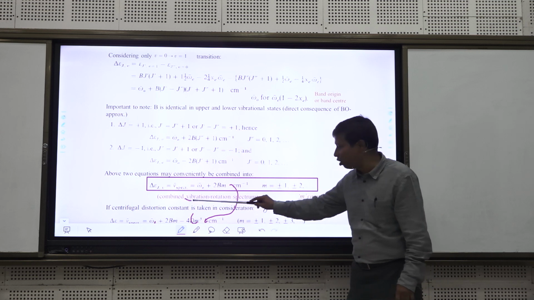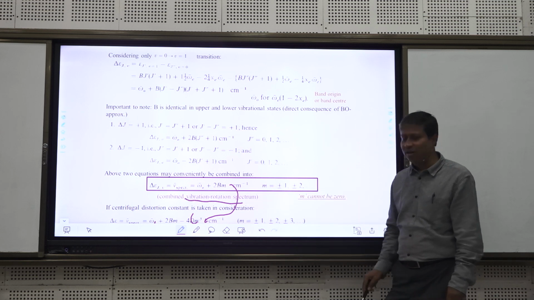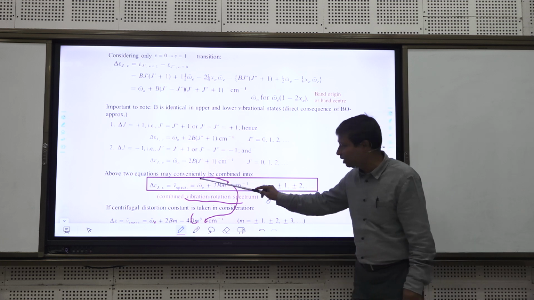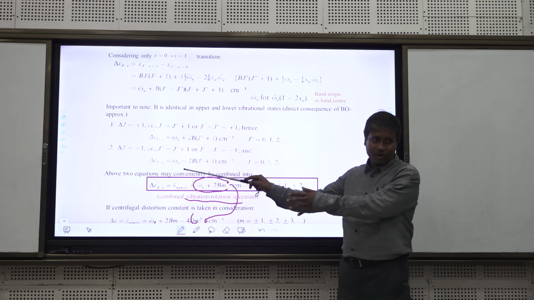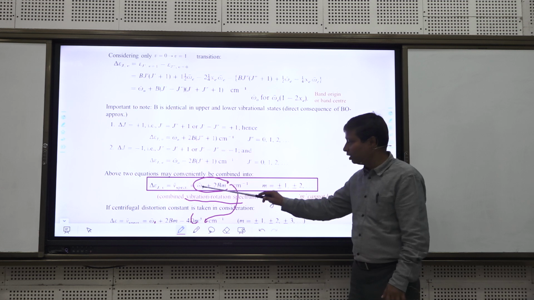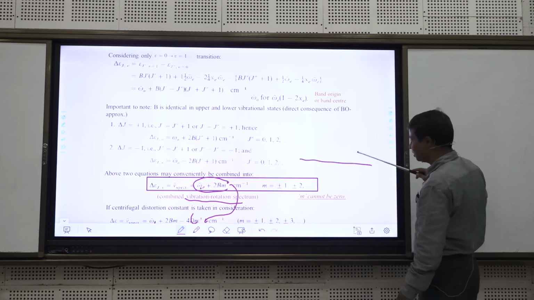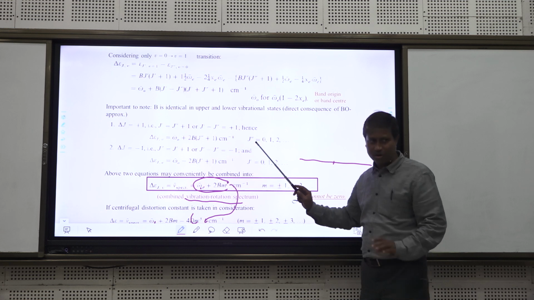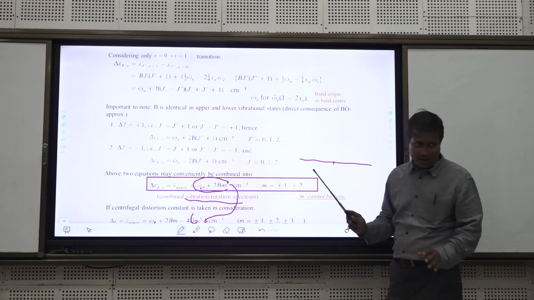This expression is called the combined vibration rotation spectrum. So you can use this expression and get that former spectrum. How? This is the center position. Now m equal to 0 is not possible, so at the center there is no band.